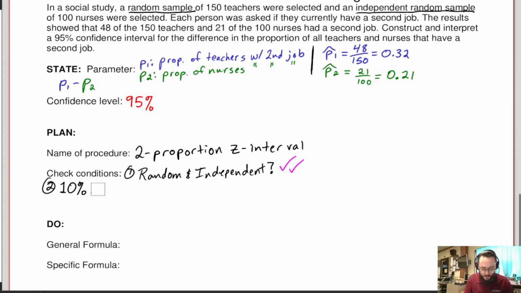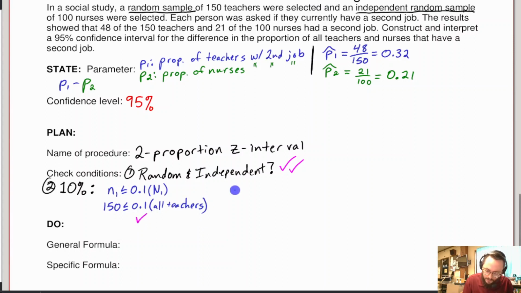Okay, no, we're looking at is n1 less than 10% of big N1. To put it short, is the number of teachers, 150, less than or equal to 10% of all teachers? And the answer, I think, pretty clearly is yes.